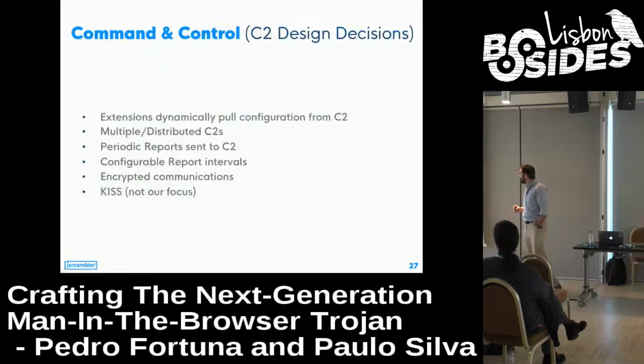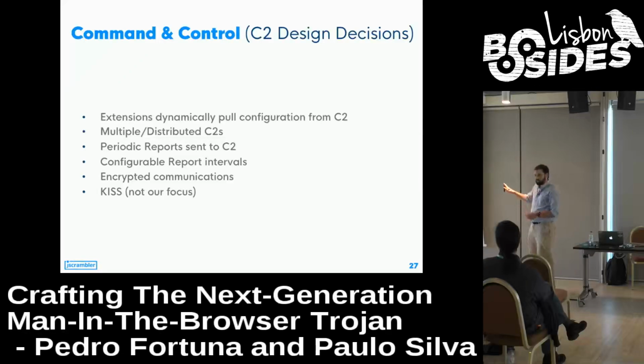So every Man in the Browser Trojan has a command and control server. This means that you have the client part, which you install, driven by download. You need the ad blocker, and this is the best one. And we have the server from where implants will be taken, the malicious part, and also the configuration.